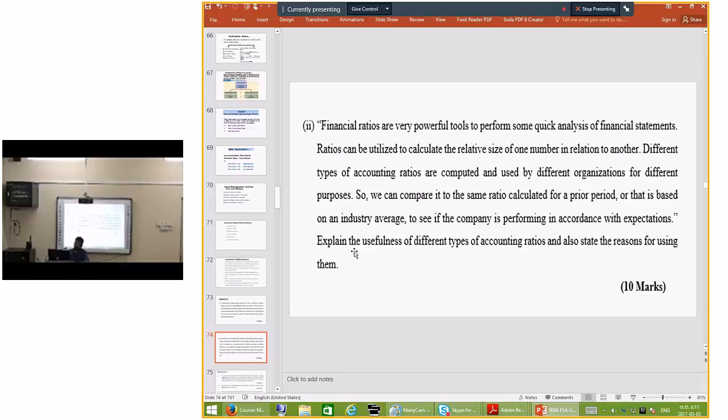So we can compare it to the same ratio calculated for another period, period to period, or based on an industry average, to see if the company is performing in accordance with expectations, right? That is again a concept given in the inverted commas.